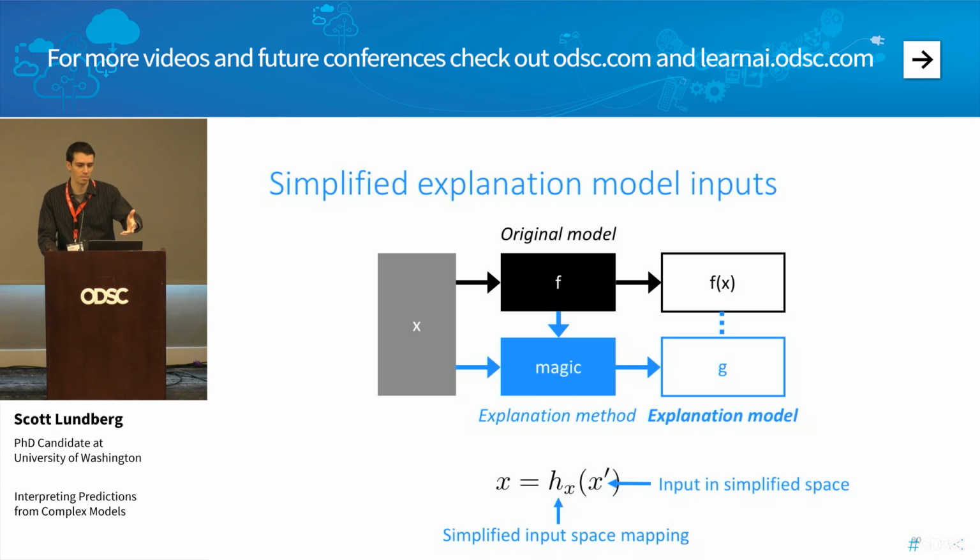Then we'll have some mapping, specific to the current thing we're trying to explain, which takes that back to a full input we could run through our model. So if you give me a binary vector that says missing or present for a set of words, I can map that to their word vectors, either as 0 or the actual vector, depending on whether the word is missing or not. That's what h of x does.